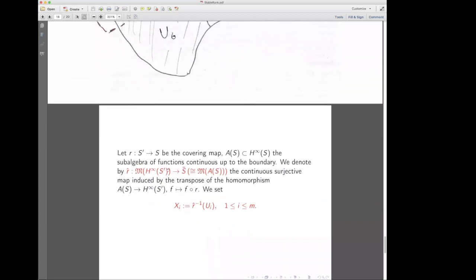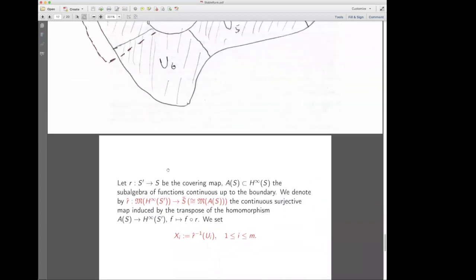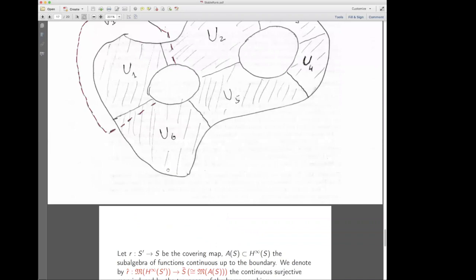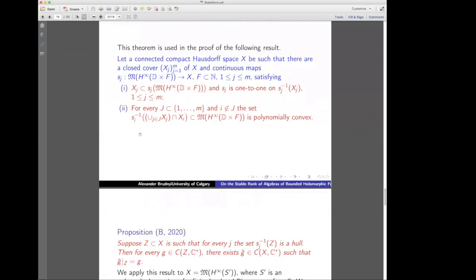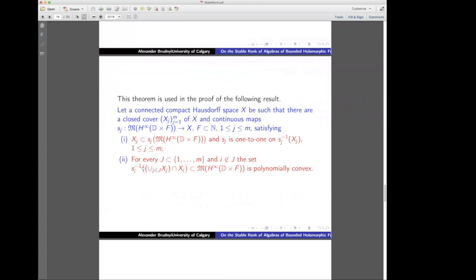So this is our Xi here. We need to define also the maps Si, or Sj. How to do that?